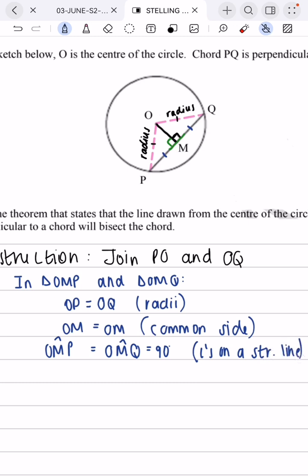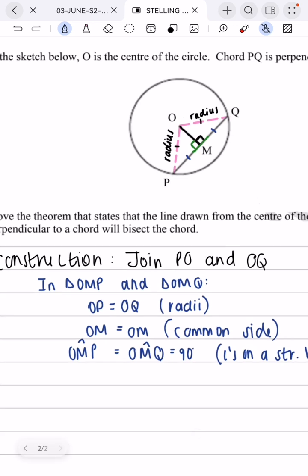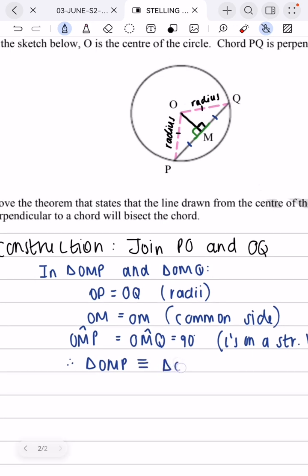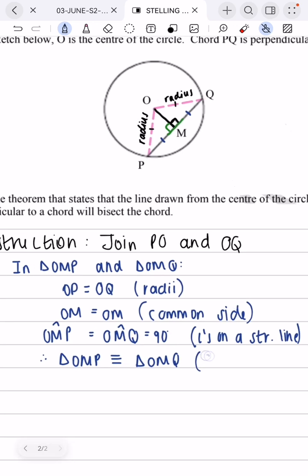Okay, if it was given that both of these angles are 90, then your reason will just be given. That's enough information. Then we can say this means that triangle OMP is congruent to triangle OMQ. Reason would be we have a 90-degree angle, hypotenuse, and side.